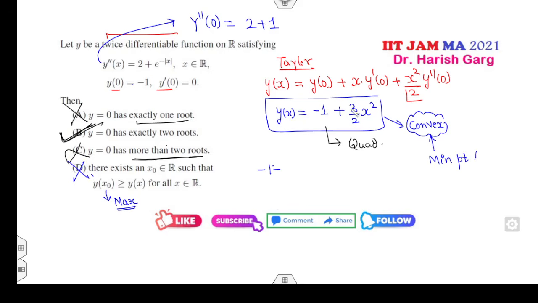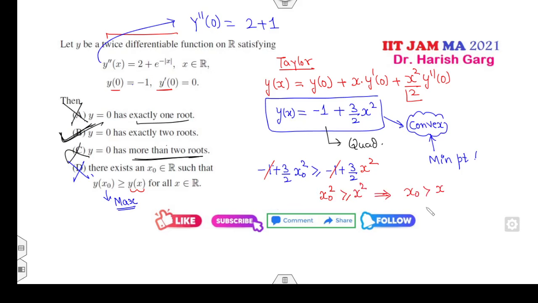Otherwise you can substitute y(x₀) = -1 + (3/2)x₀² which is greater than or equal to -1 + (3/2)x. Sorry, right hand side is my y(x) है ना आपका. फाइन. -1 will be cancelled, 3/2 will be cancelled, x₀² is greater than or equal to x². So can you find the value of x₀?